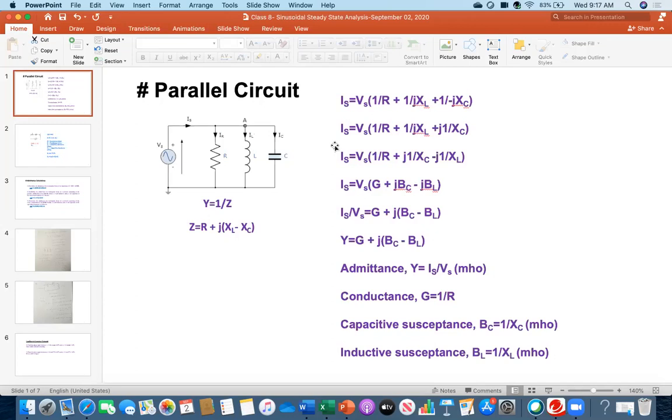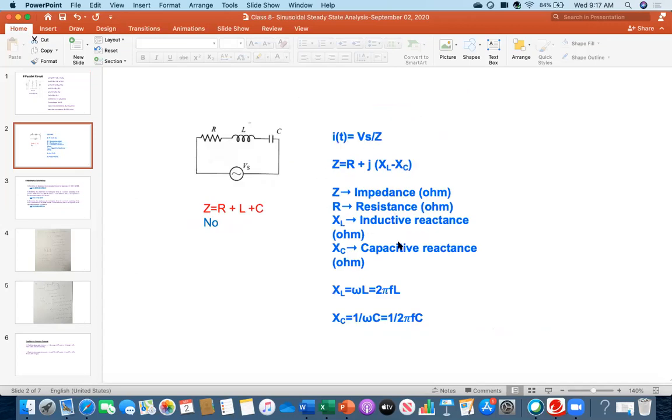That jXL is the impedance or reactance of this component that we have already covered in previous classes. This is the basis, so you should look at the previous slide I already posted, I think 2 classes back.